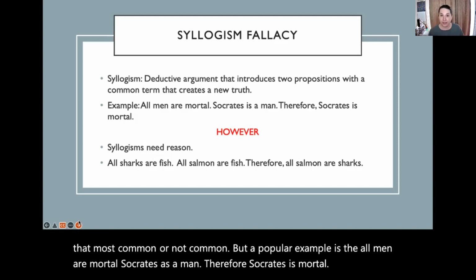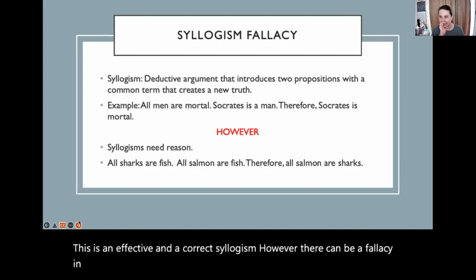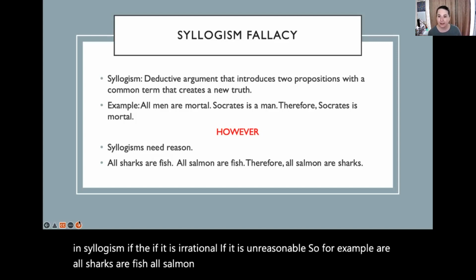Now, this is an effective and correct syllogism. However, there can be a fallacy in syllogism if it is irrational, if it is unreasonable. So for example, all sharks are fish, all salmon are fish, therefore all salmon are sharks.